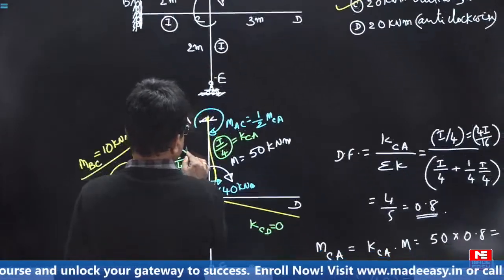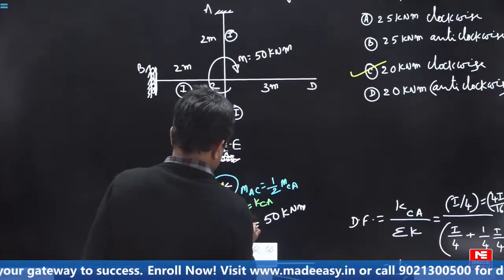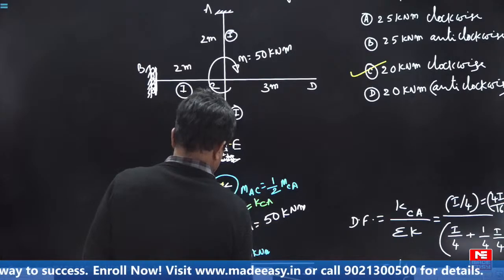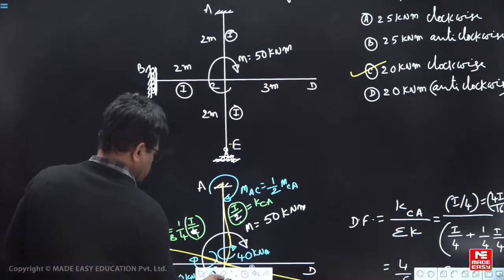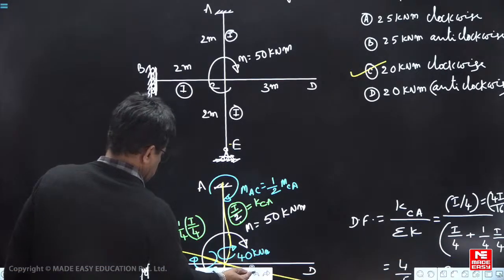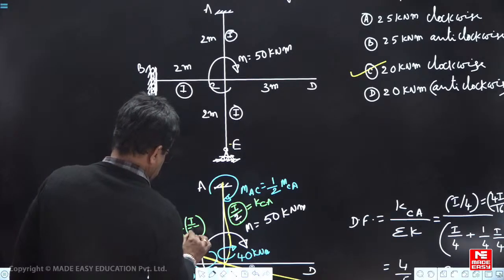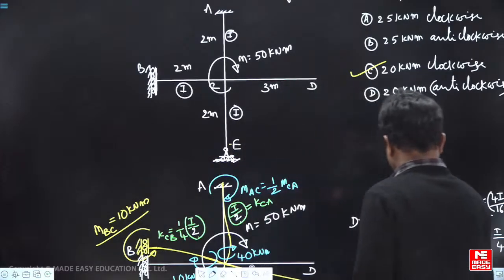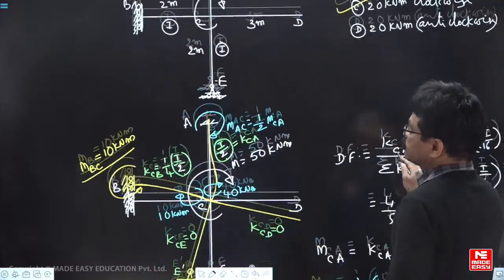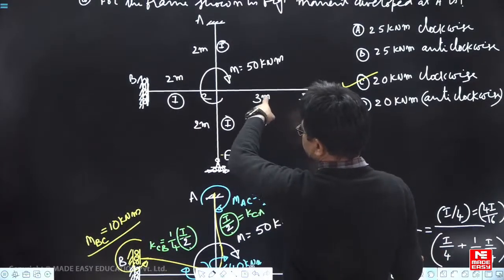Okay. This is I by 2 only. I have given 2 meters. This is 3 meters we have taken, but okay.